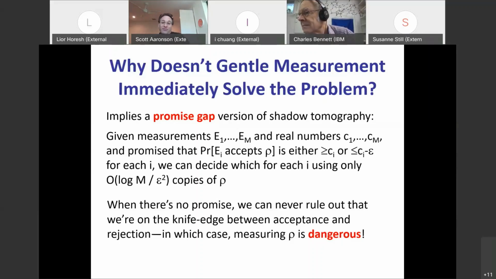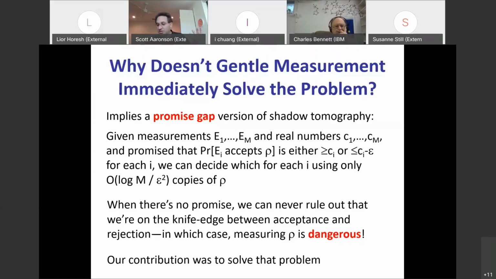And you can afford to destroy a few copies of rho, right? But the total number of copies that we want to use is only polylogarithmic in M and in D, right? In the Hilbert space dimension and in the number of measurements. So we really can't afford to destroy copies of rho every time we try to measure. We have to be much more careful. Okay, so our contribution was to solve this problem basically.